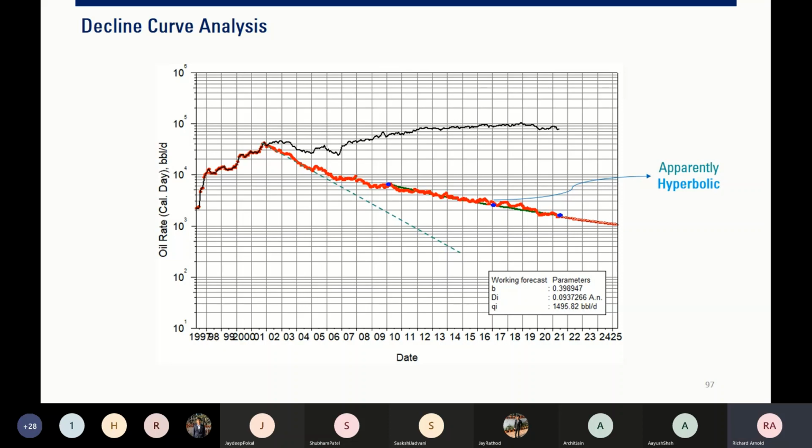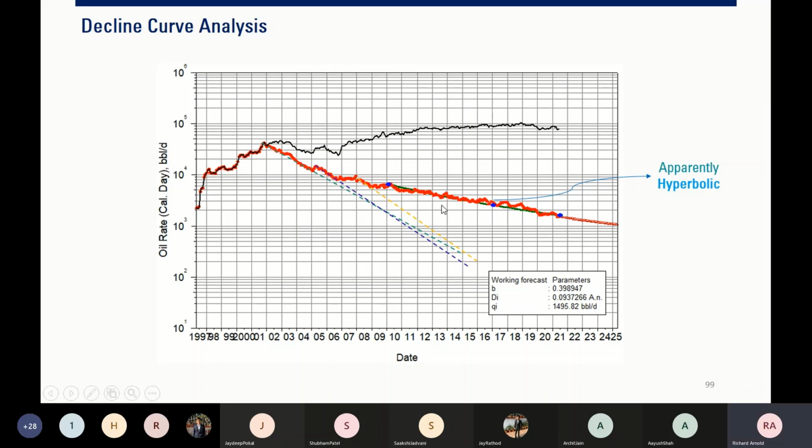Okay, please be careful because decline curve analysis is quite subjective. Of course, you can see an exponential trend like this one or this one. A lot of apparently exponential trends, but you need to actually look at the whole profile, okay, to finally say that it is hyperbolic performance, right?